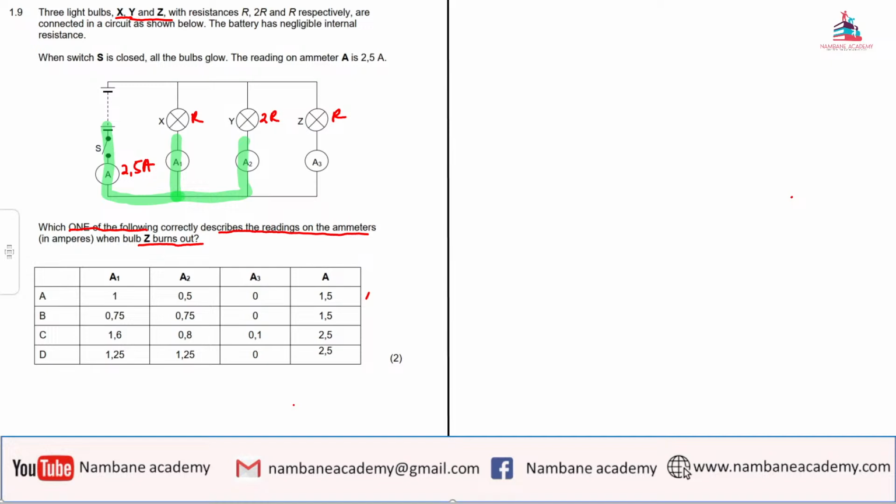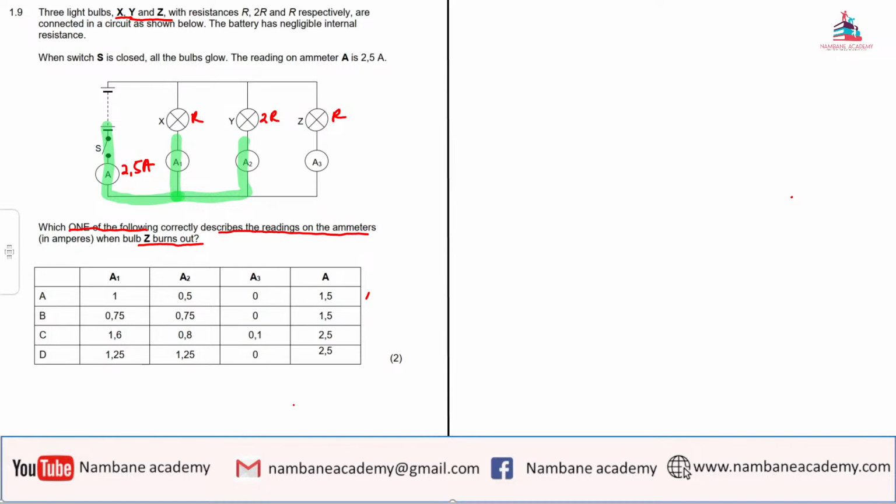Because if Z dies, I repeat, no current will be passing at Z. So for everywhere where A3 is not 0, that answer automatically becomes very wrong. So C is an obvious distractor. That is what I call them. So look for your distractor.